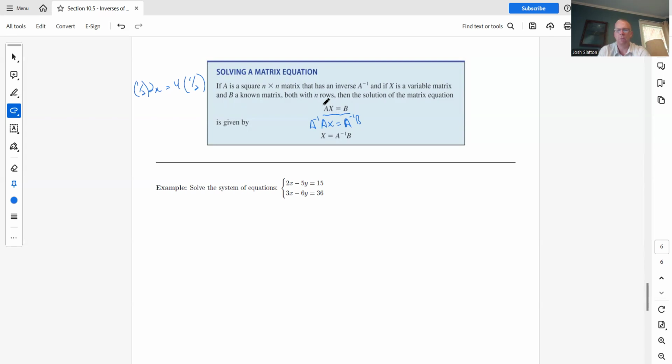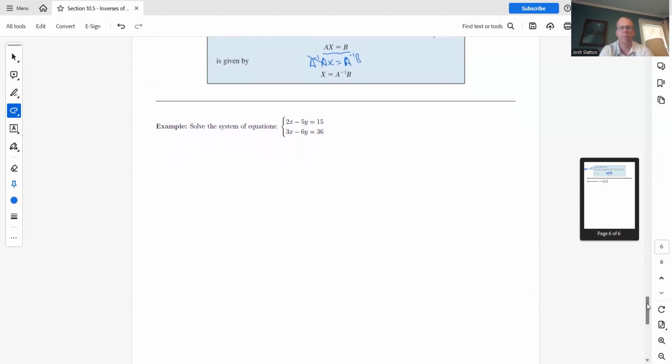We are left multiplying by A inverse on the left, and so we need to left multiply by A inverse on the right side of the equation as well. And so the A inverse and the A just give the identity matrix. So those will cancel each other out. And then that leaves X equals A inverse times B. So let's look at an example.